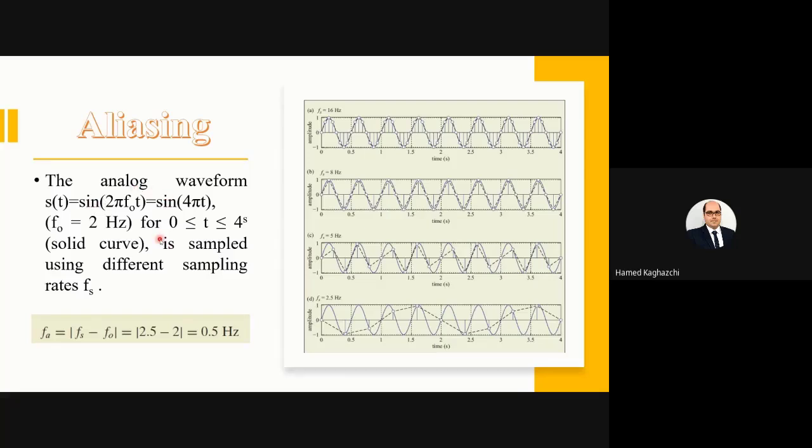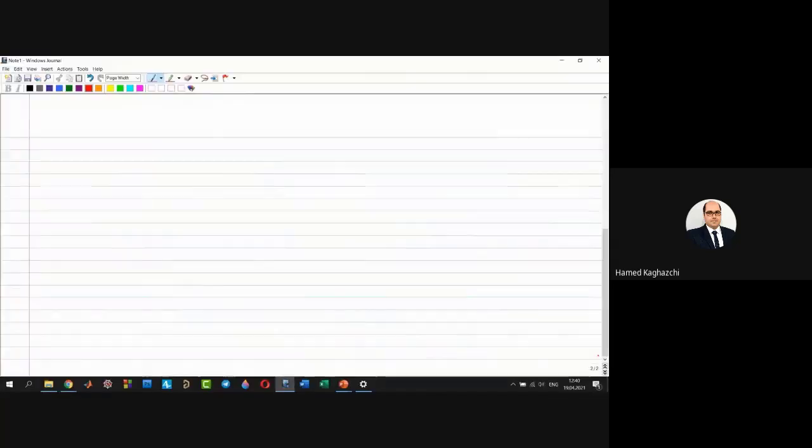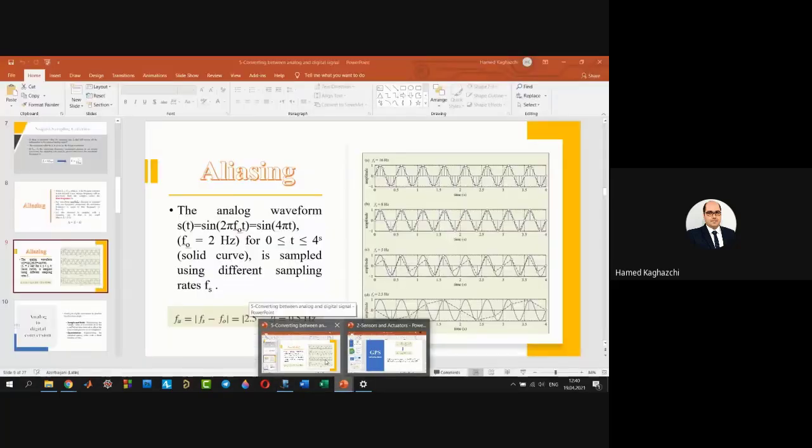What is the Nyquist sampling criterion here? Fs has to be greater than 2Fmax, and our x(t) is sin 4πt.